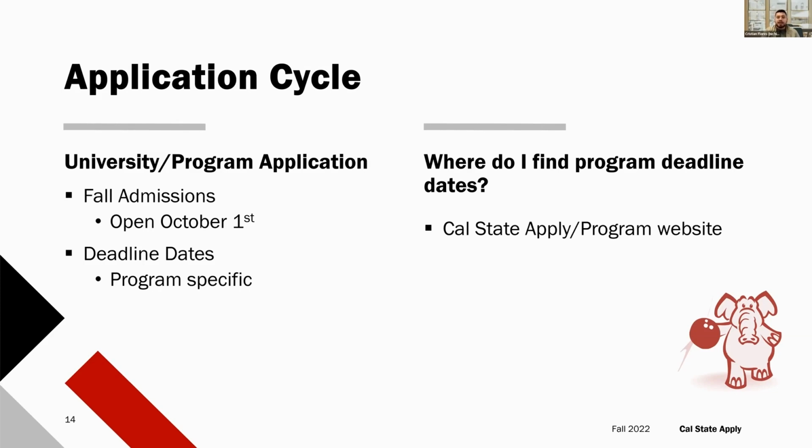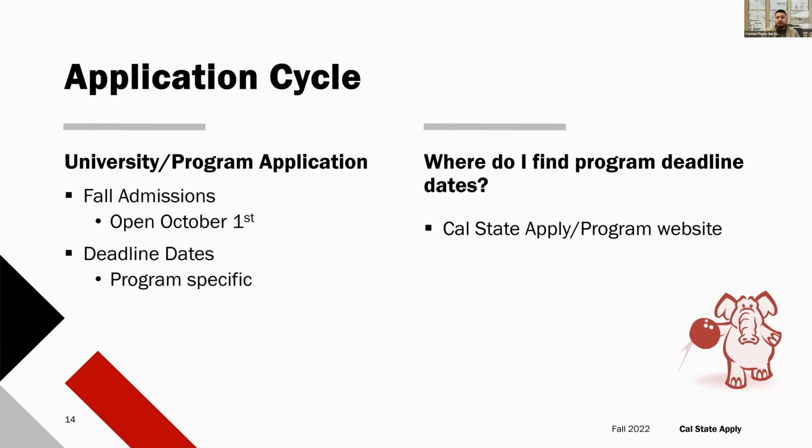However, sometimes Cal State Apply might be inaccurate, and I'll explain how that works. For example, the credential programs do rolling admissions. Maybe you're interested in the credential program and you submit your application before the first rolling deadline. They'll look at your application and within a few weeks, they'll invite you for an interview. However, they'll accept applications until June 1st.